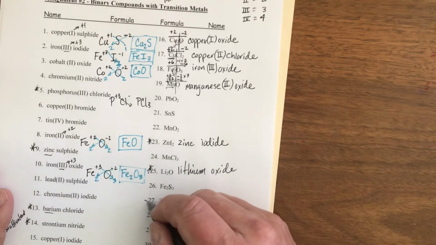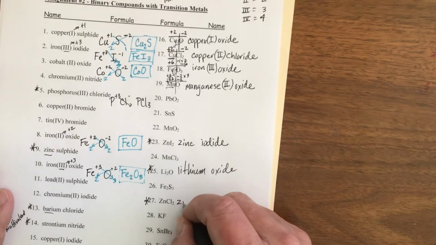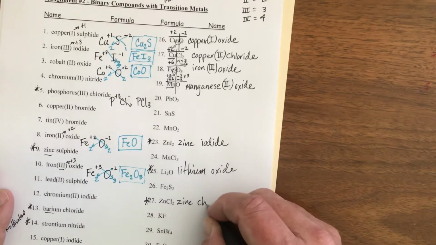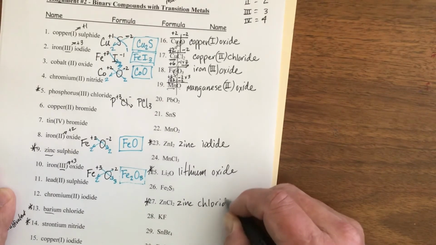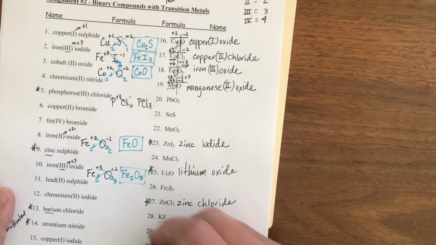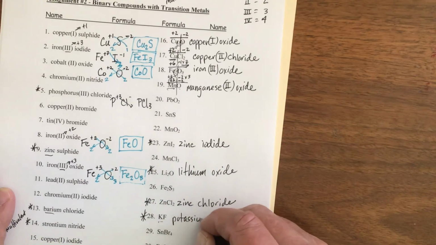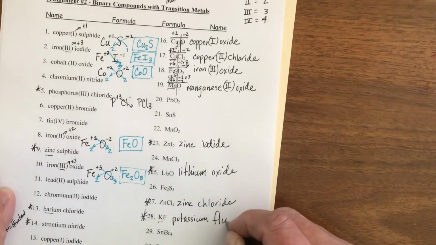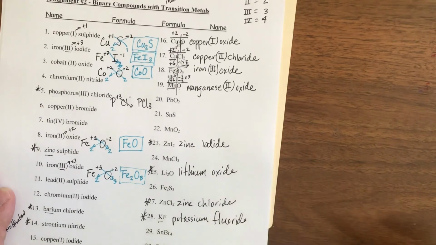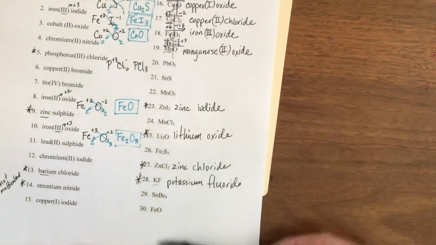Iron, yes, nope. Zinc is not. That one is just going to be zinc chloride. Potassium is group 1. It is not. So this is potassium fluoride. And the rest are multivalent. So all these others here are going to need a Roman numeral.